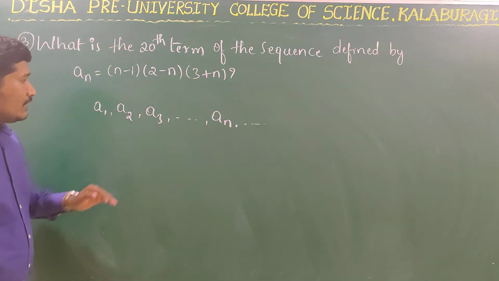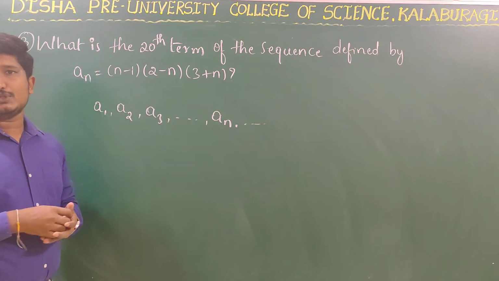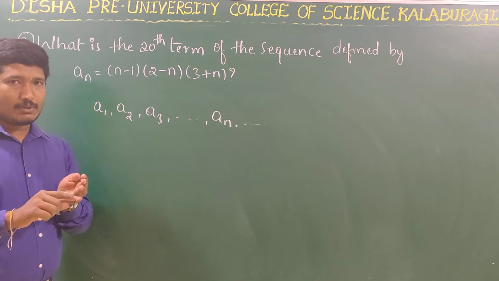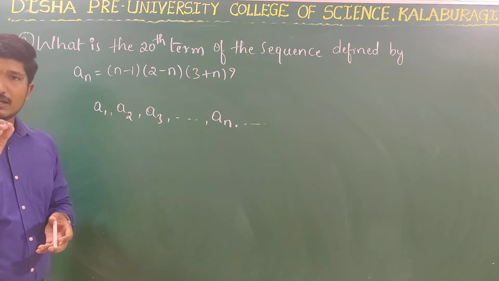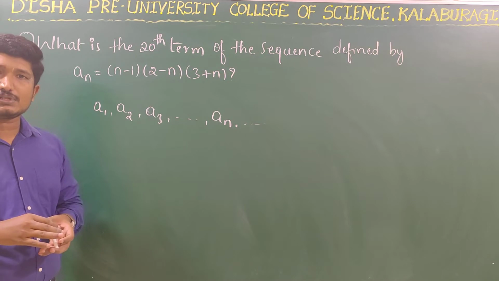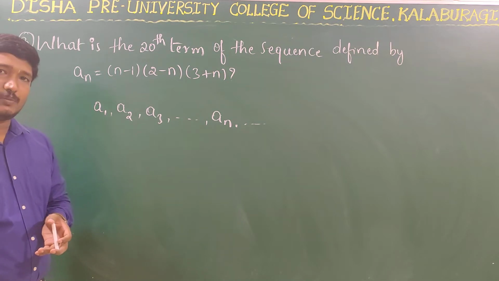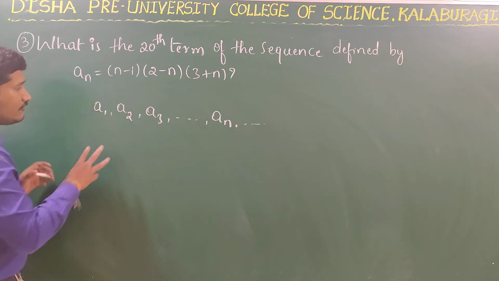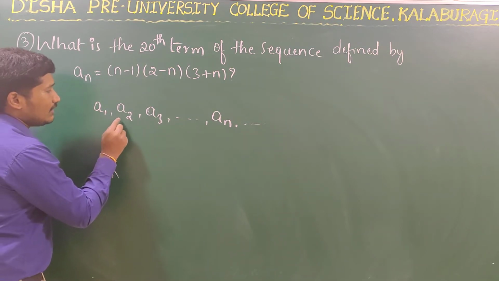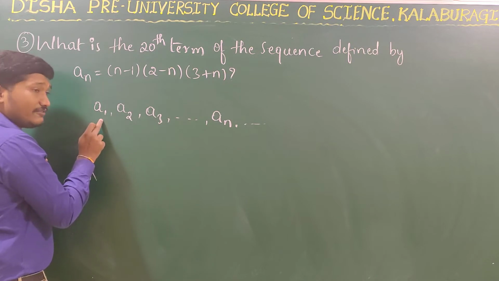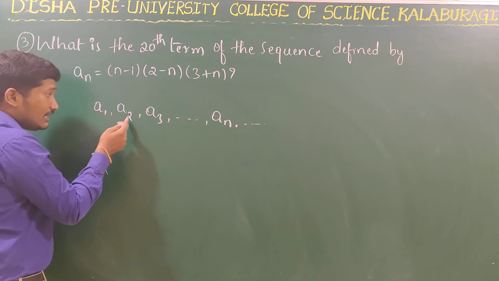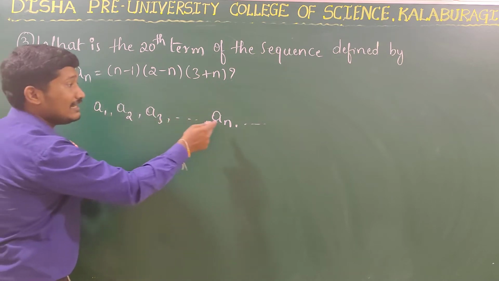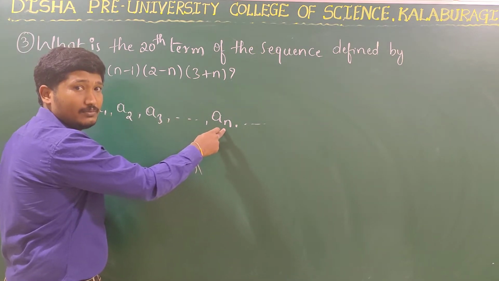In the previous two problems, in the first problem we calculated the first three terms of the sequence, and in the second problem the first five terms. First three terms means A1, A2, A3, that is, the first term, the second term, the third term, and An is the nth term, right?